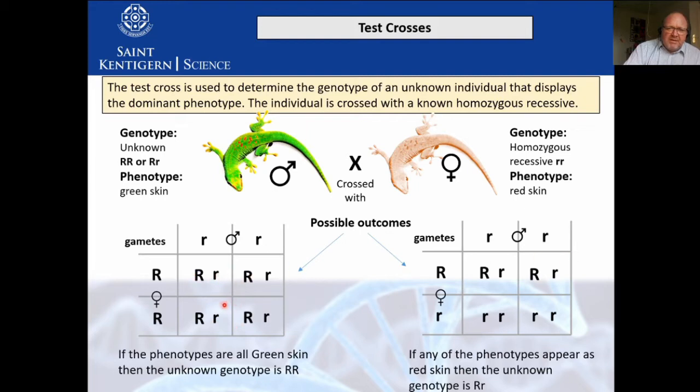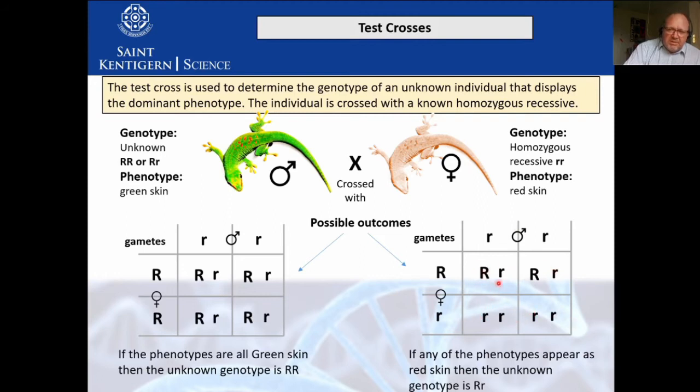Which means the heterozygote is always going to display the dominant trait. But you need to continue to monitor this over time, because there is a chance that you have a heterozygote, which in this case is going to be big R, little r, and you have a 50-50% chance. Can you see there?